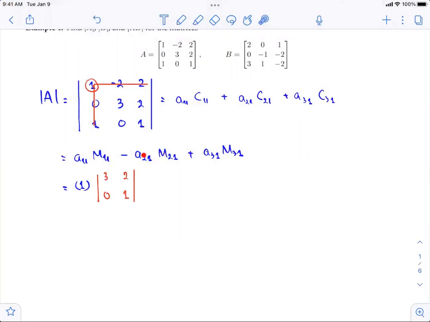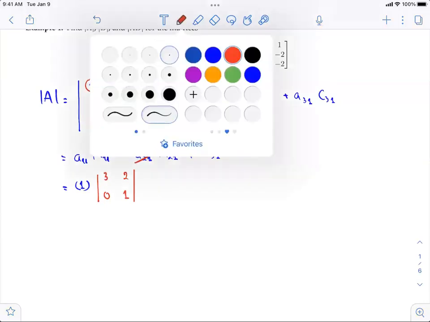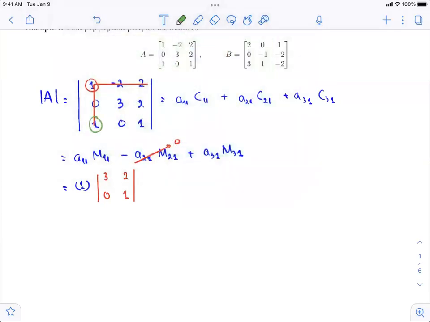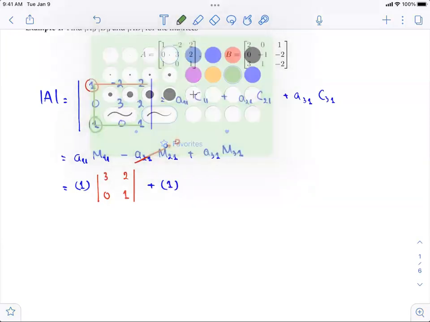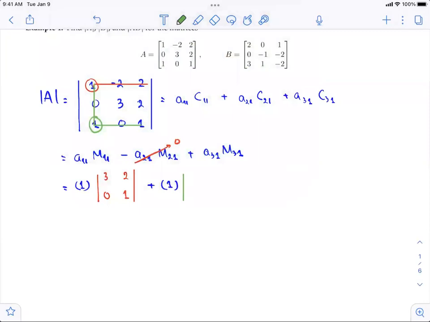For these calculations, A21 is equal to 0, so automatically you can say this term is equal to 0. For A31, you choose A31, you delete the corresponding row and the corresponding column, and you're left with the determinant of the form -2, 2, 3, 2, so plus 1 times that determinant.